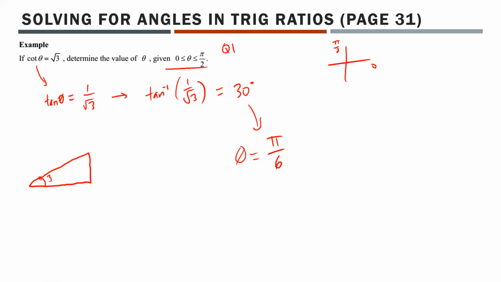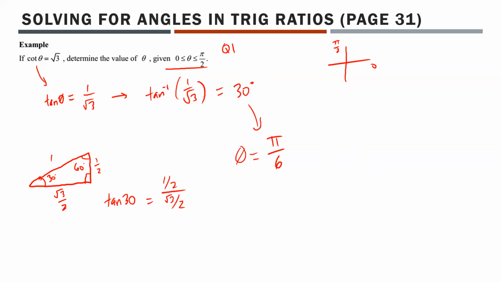We'll just do it in degrees for the sake of ease here. 30, 60, 90. We know across from 30 degrees we have 1/2, across from 60 degrees we have √3/2, and our hypotenuse, as always, is 1. If we're looking for tan of this angle, tan of 30 degrees is going to be 1/2 over √3/2.